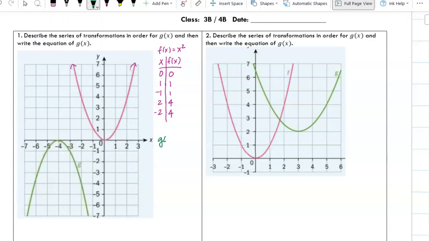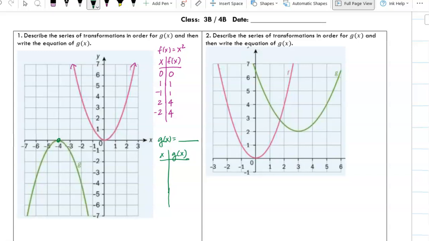Okay, g of x. We have to find this equation, and we know it's going to have an x being squared because it's a quadratic. So x and g of x, and I'm going to put some corresponding points here. I see the vertex, and you can get a lot out of the vertex. From the vertex compared to the original vertex, most of the time what you can get out is the add-ins, the numbers that you added, because when you multiply 0, 0 by any number, it turns into a 0.